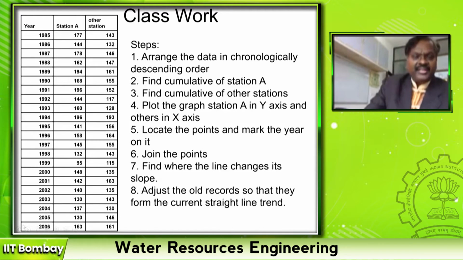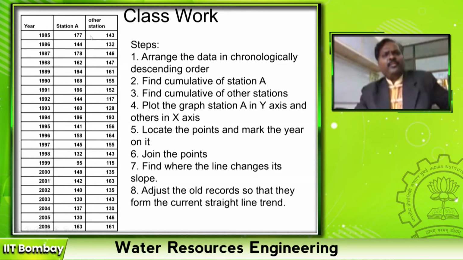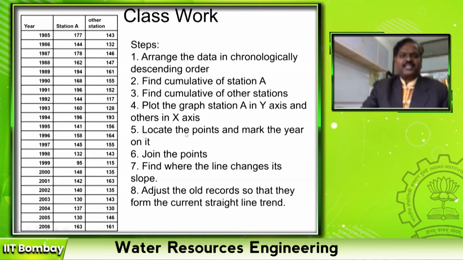That means the latest year on the top and the oldest at the end. Find the cumulative of station A, also find the cumulative of the other stations. Plot a graph between the cumulative mass of station A on the y-axis and other stations on the x-axis.